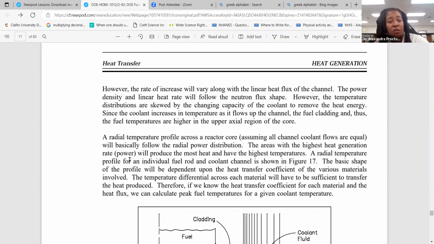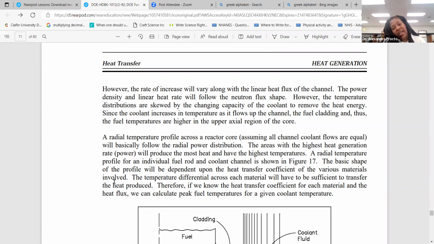So a radial temperature profile across a reactor core, assuming all the channel coolant flows are equal, will basically follow the radial power distribution. The areas with the highest heat generation rate, which is power, will produce the most heat and have the highest temperature. A radial temperature profile for an individual fuel rod and coolant channel is shown in figure 17.